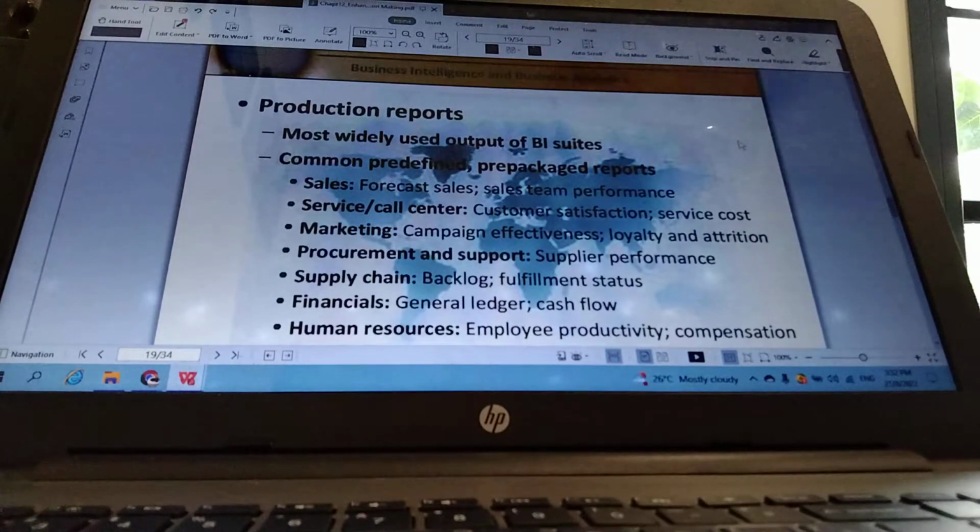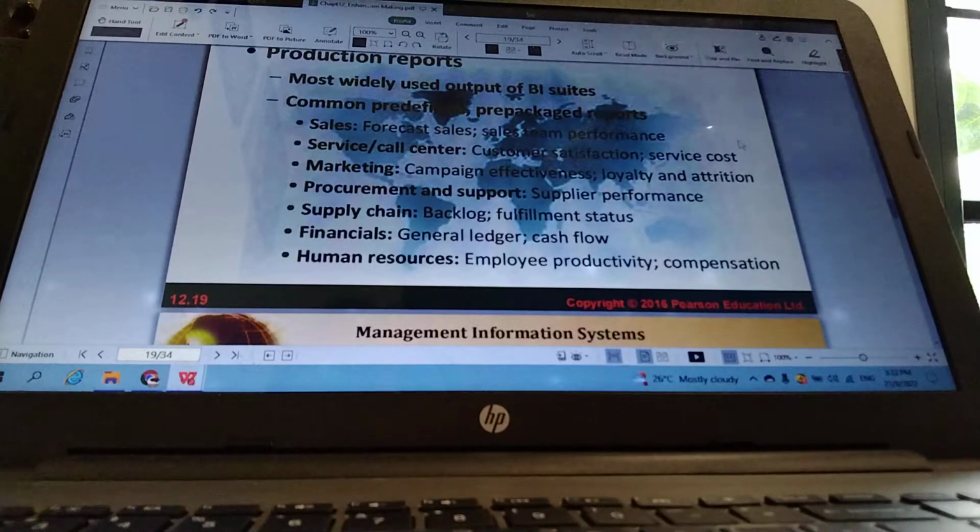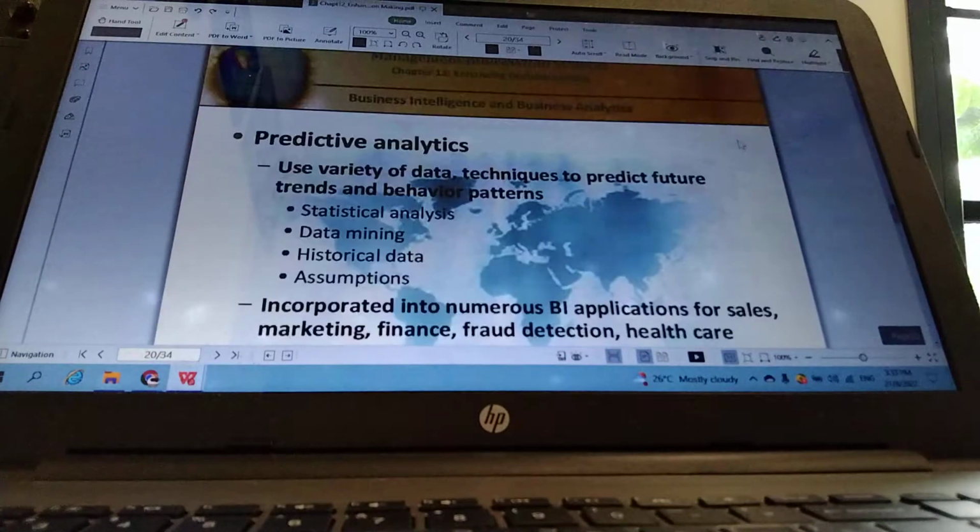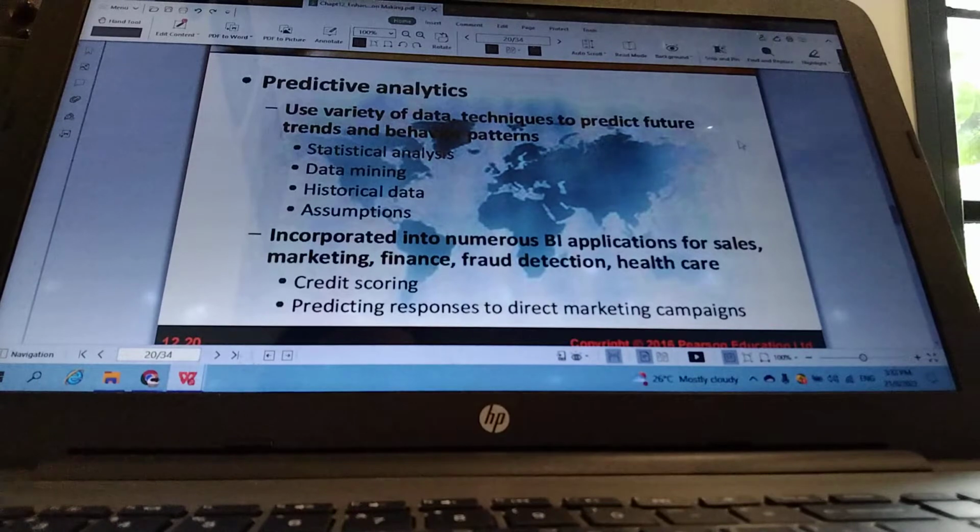When it comes to human resources, these BI reports can be used to see the employee productivity, compensation required, and any related report for the HR purpose. So this BI is actually a very popular, very powerful tool that can be used by many different departments, users, for different purposes in assisting them in making decisions.